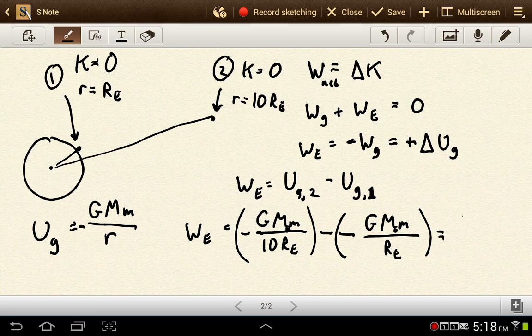So this is going to equal big G, M_E, little m, over r_E.